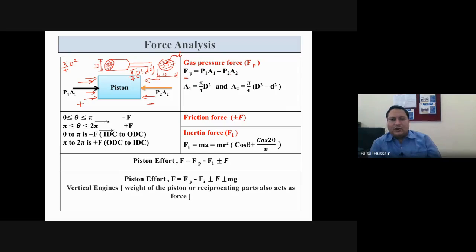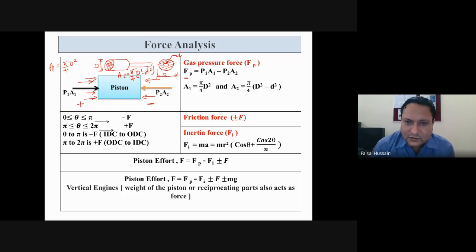I have told you that A1 is pi by 4 D square and A2 is pi by 4 capital D square minus small d square, where capital D is the diameter of the piston and small d is the diameter of the piston rod. So this is your A1 and this is your A2. This is the gas force.